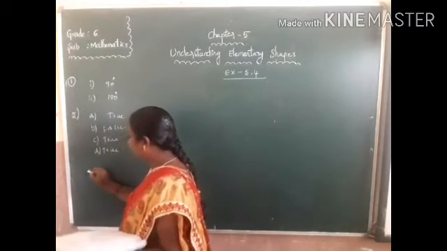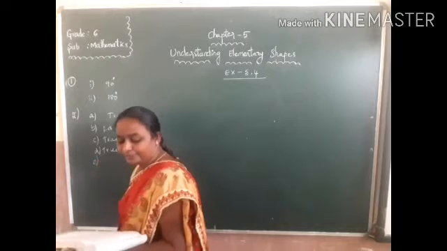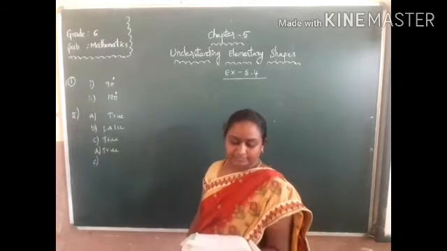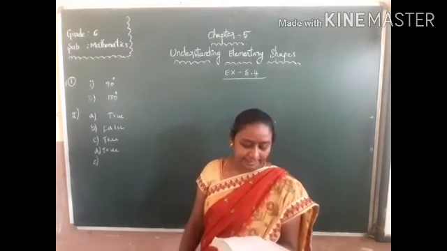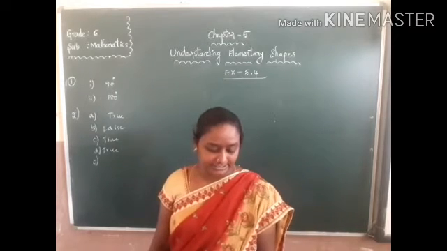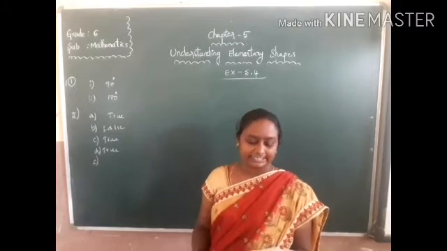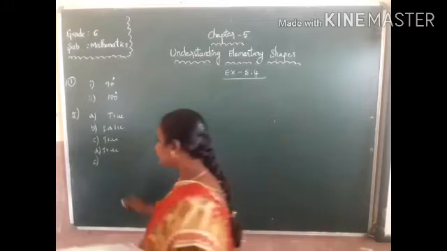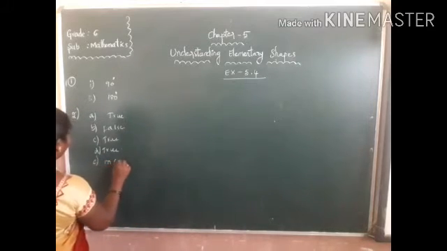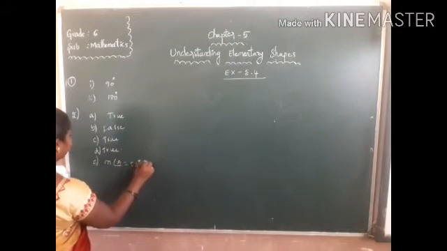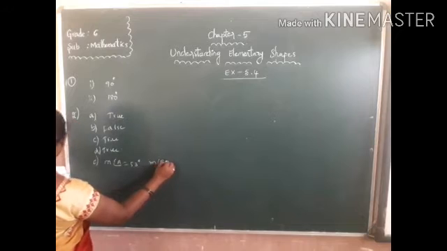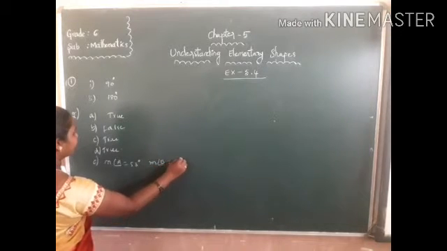Even if measure of angle A is equal to 53 degrees and measure of angle B is 35 degrees, then measure of angle A is greater than measure of angle B. So observe here, angle A is 53 degrees, angle B is 35 degrees.